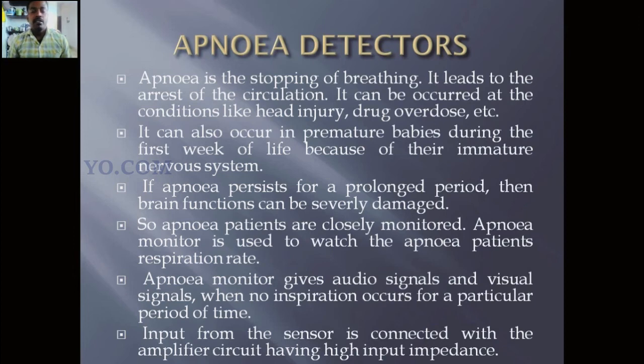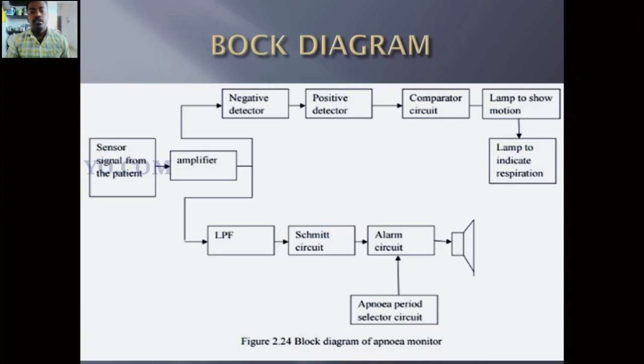Right. The input from the sensor is connected with an amplifier circuit having high input impedance. Actually this is a block diagram of the apnea detector. So the sensor signal from the patient is connected with the amplifier, which has high input impedance and a high CMRR and low output impedance.